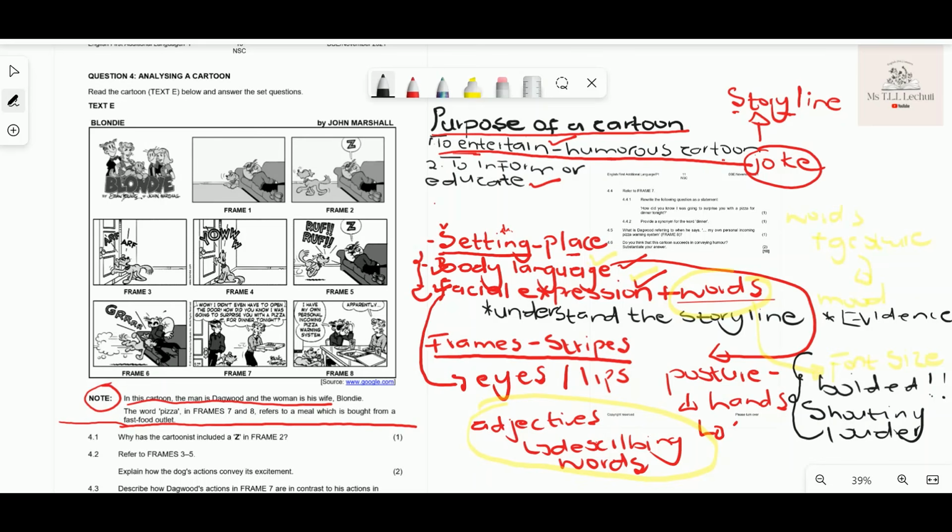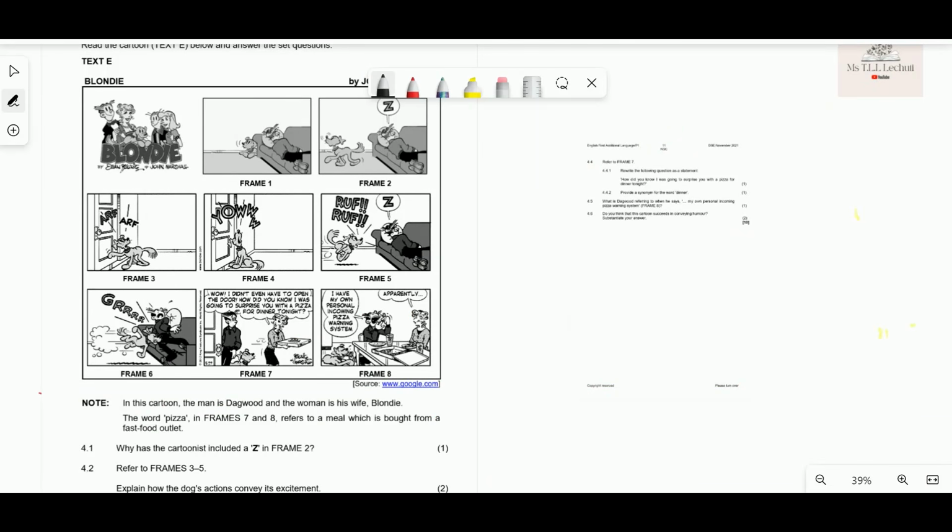And now we are going to look into how words are used in a cartoon. You can have what you call a speech bubble, and you can also have what you call a thought bubble.